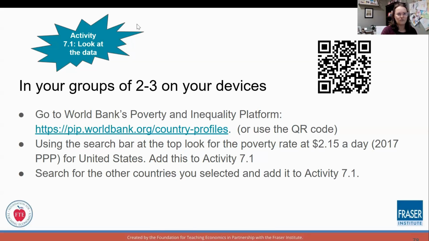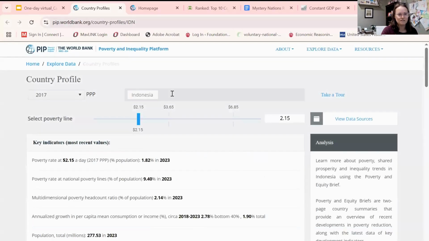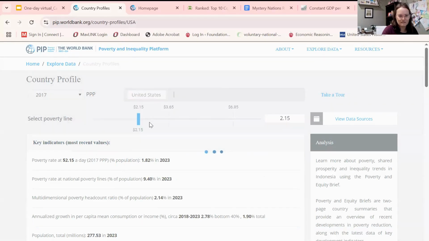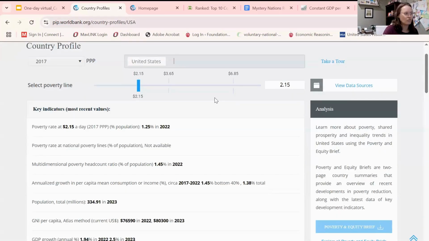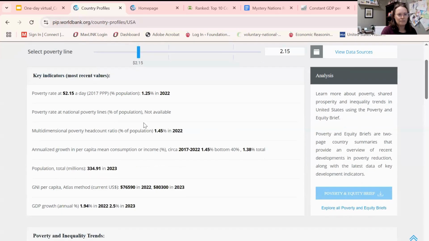I am going to go over there, so you can kind of see what it looks like. Mine always defaults to Indonesia, so I always have to add United States in there. But I think it gives a really good snapshot of the poverty and inequality. So poverty rate is 1.25 in 2022.